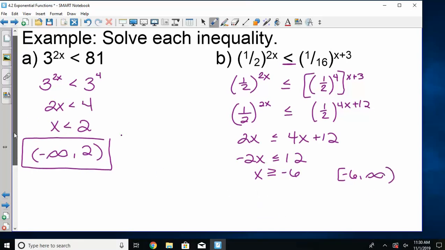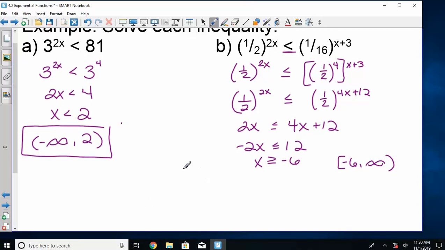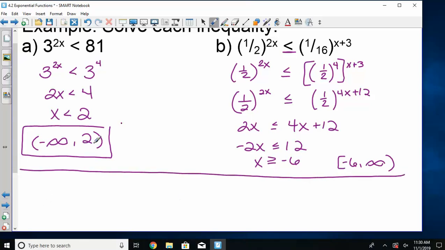Okay. I want to talk about something on this one real quick. What if we had taken it to a base of 2 to begin? So 1/2, if you wrote that as 2 to the -1, 1/16 would be 2 to the -4.